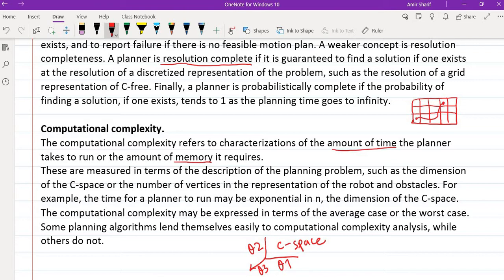so yeah, the computational complexity may be expressed in terms of average case or worst case.